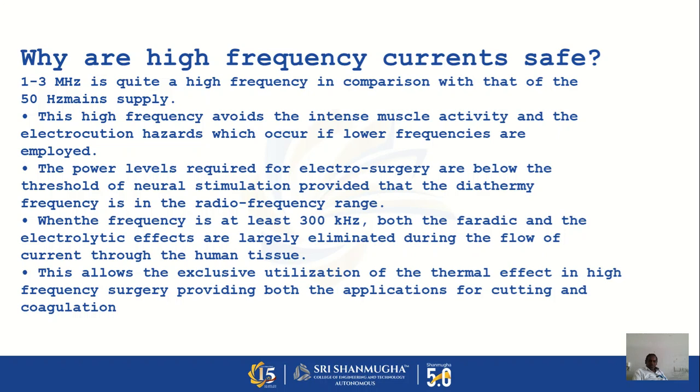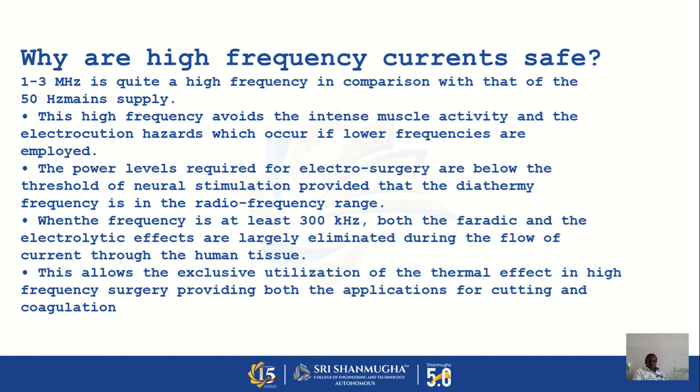Next point, the power levels required for electrosurgery are below the threshold of neural stimulation, to avoid the stimulation of the nerve unnecessarily, provided that the diathermy frequency is in the radio frequency range.